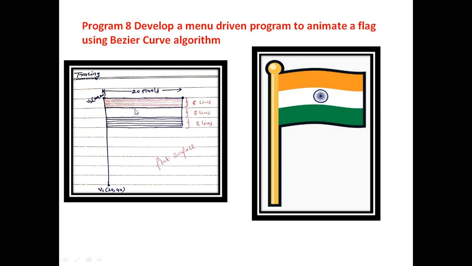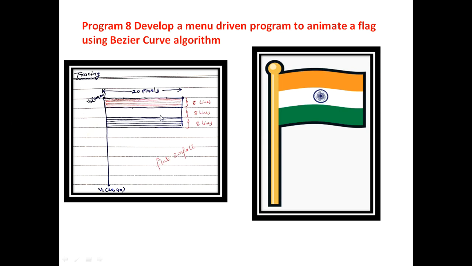This is how we create a flat surface. We are also supposed to create one pole. This vertical line is called the pole. So we need to create one pole for this particular flag. A combination of one vertical line and a total of 24 lines creates one flat surface without animation.